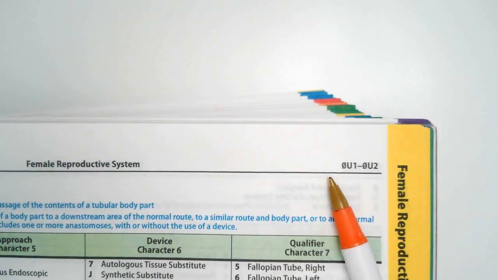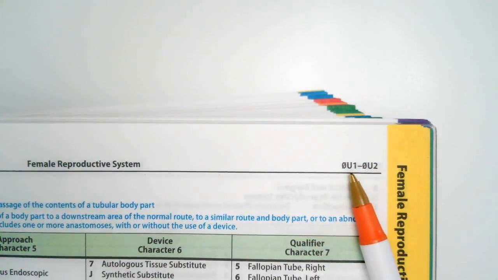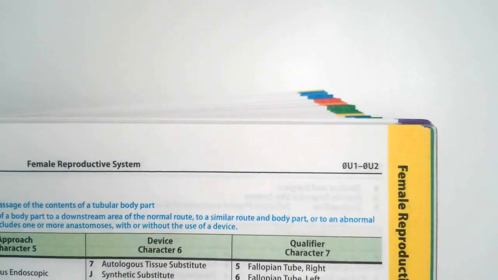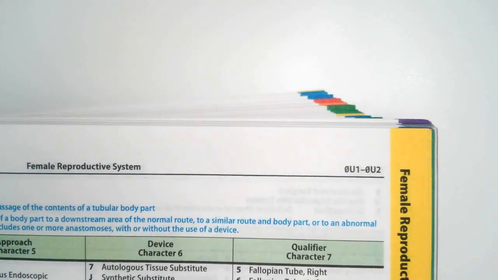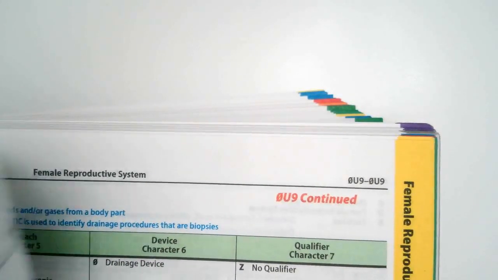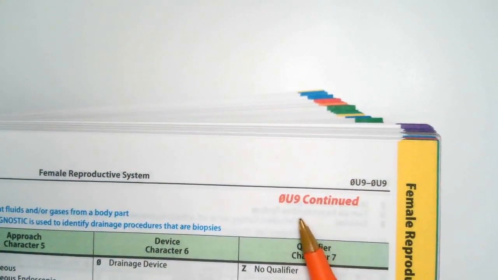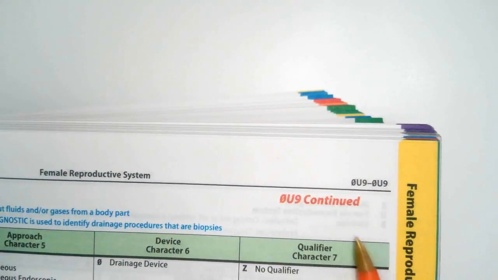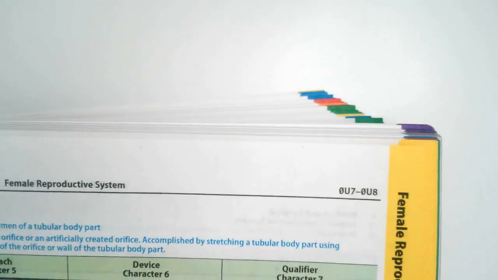The very beginning of the female reproductive system is 0U1. So it starts off with the numbers, and it can be 1 through 9, and then it goes into the letters. So table 0U5. Here's a perfect example. This is not for us, but notice this says this table was continued, so that lets you know you're not at the very beginning of that table.